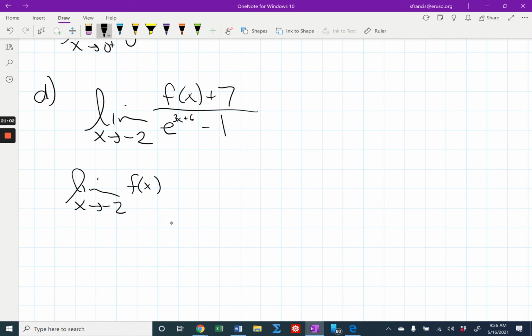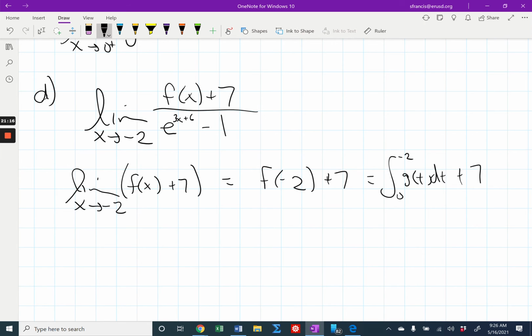So I'm going to look at the numerator separately for a moment. This is going to be f of -2 plus 7, or the integral from 0 to -2 of g of t dt plus 7.